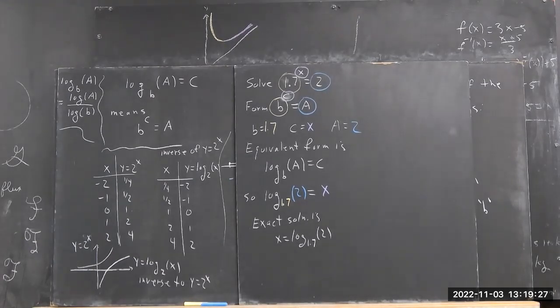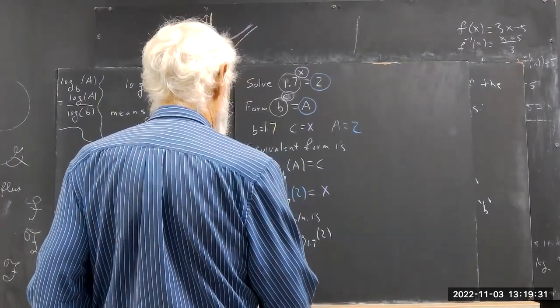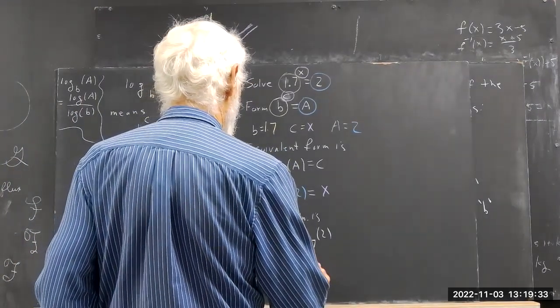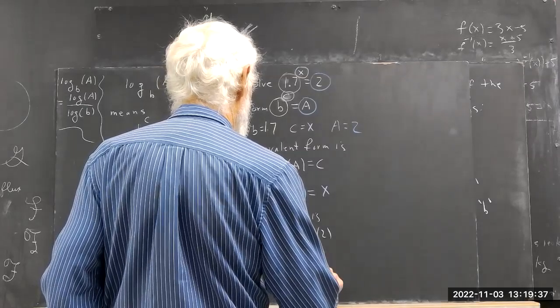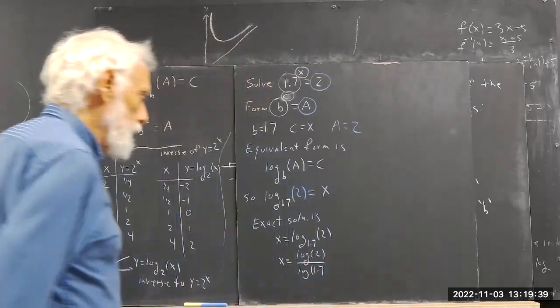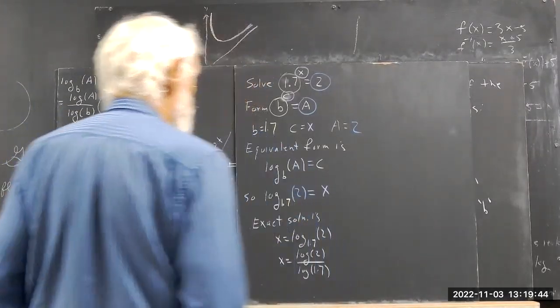So at this point, I would want you to actually write it out. x is log of 2 divided by log of 1.7, in parentheses.